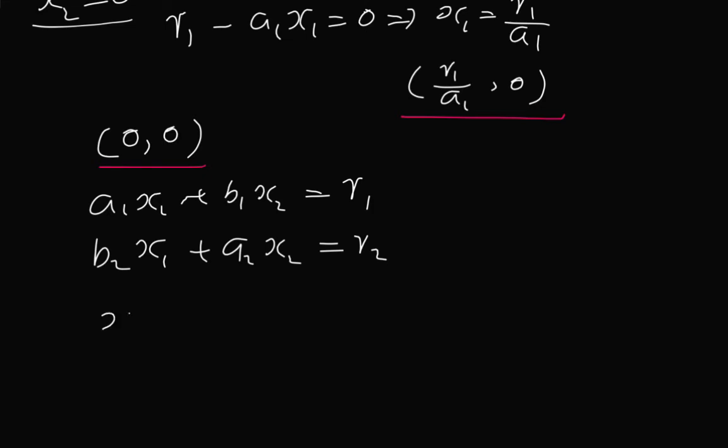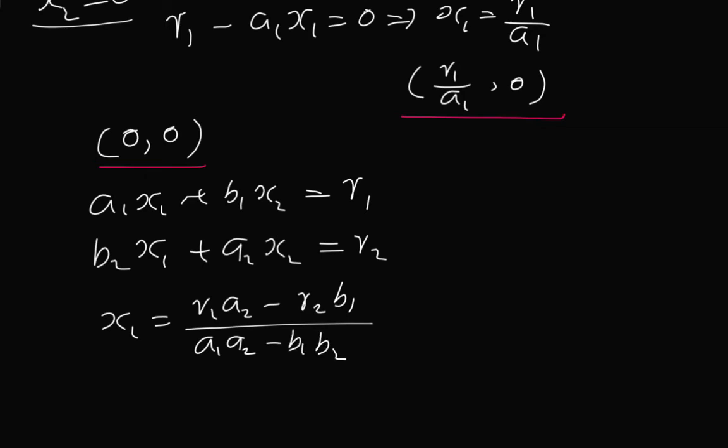So you can get x1 equals (r1 a2 minus r2 b1) divided by (a1 a2 minus b1 b2), and x2 equals (a1 r2 minus b2 r1) divided by (a1 a2 minus b1 b2). So that is x1 and x2 for the last point.